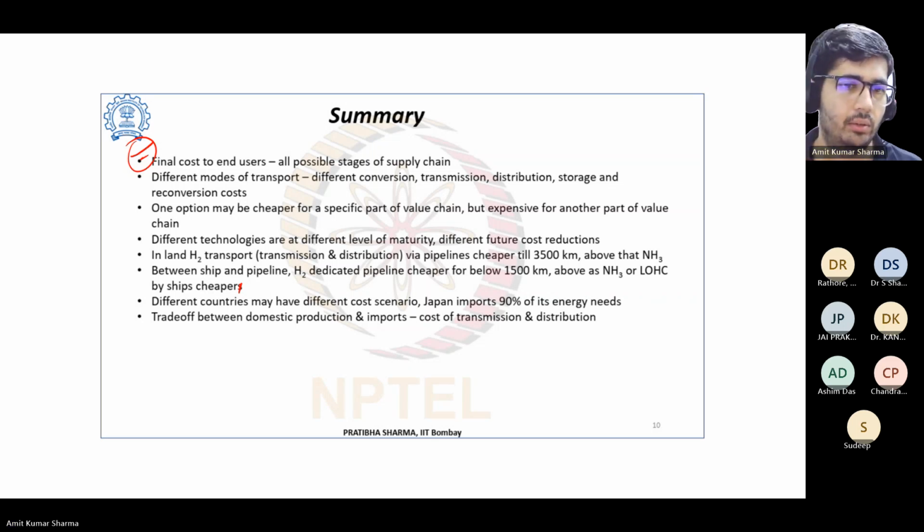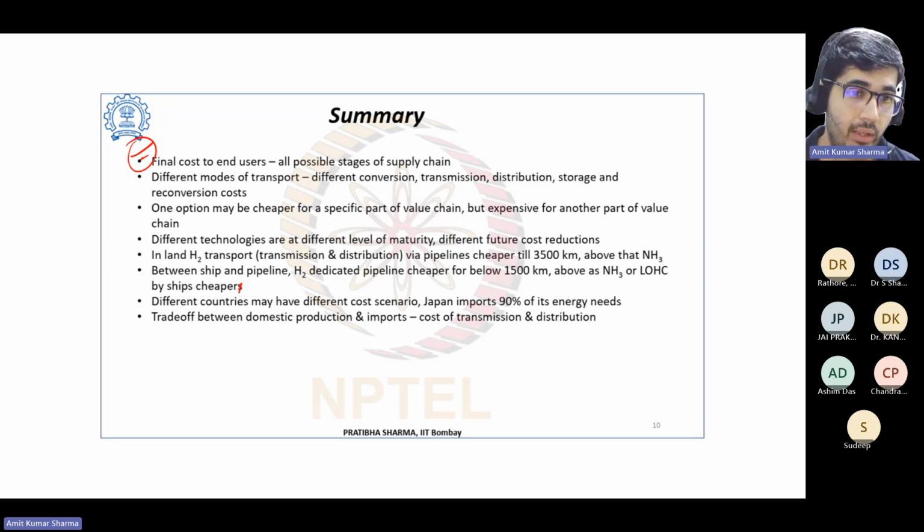Consider the different modes of transport and the conversion, transmission, distribution, storage, and reconversion costs. One option may be cheaper for a specific part of the value chain but expensive for another part, because the value chain is quite long. So you need to consider each part.